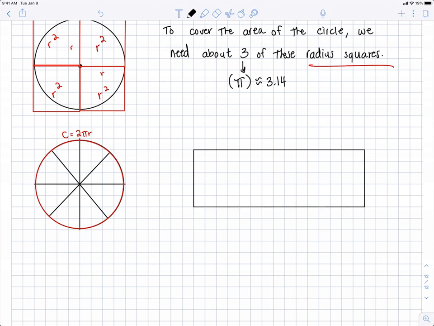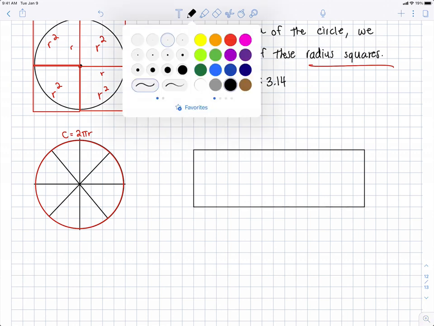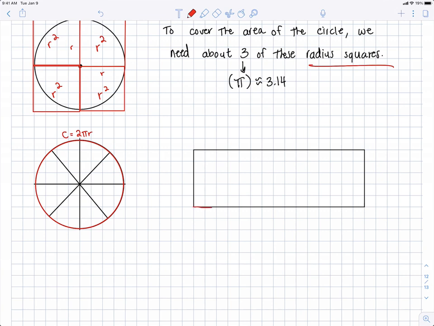Now, what is so awesome about this rectangle? Well, the bottom part of the rectangle I'm highlighting as red, and the top part of the rectangle I'm also highlighting as red. So immediately you should know that these two sides of the rectangle relate to the circumference.